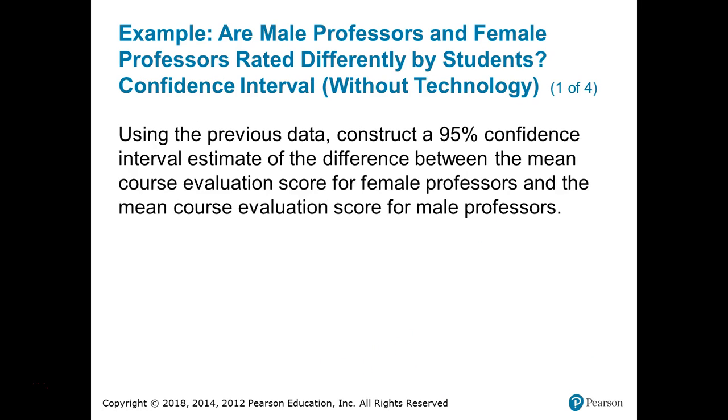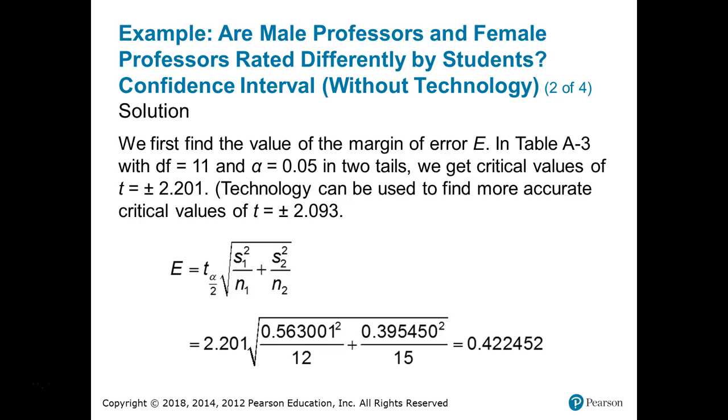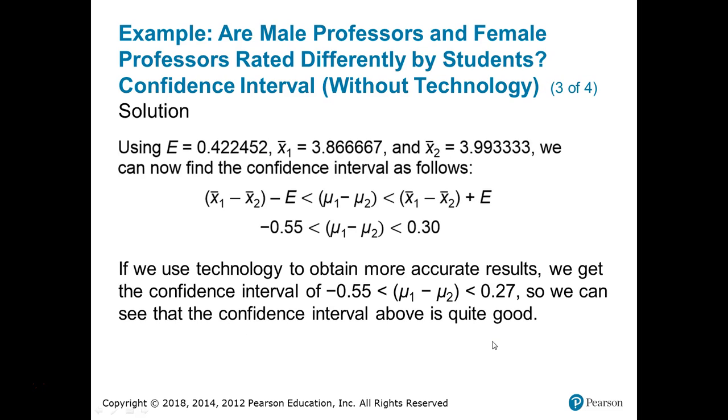Finally, we are going to be doing this with the confidence interval. So we want to do a 95% confidence interval. First, I'll do it without technology, then I'll do it with technology. I gave you the equations earlier, so we can have our margin of error right here. We'll be using our critical value that we get for t, plugging and chugging. Boom, margin of error is 0.422452.